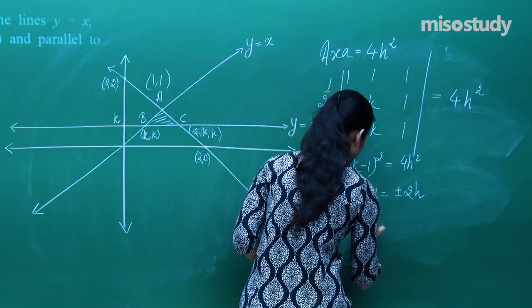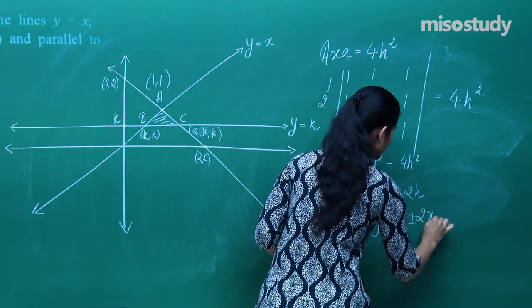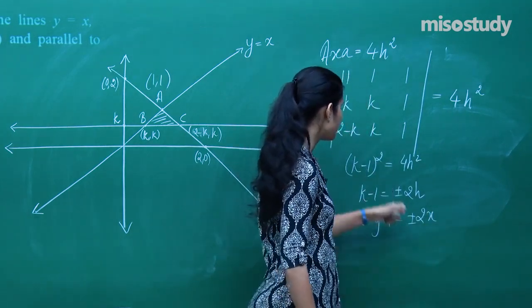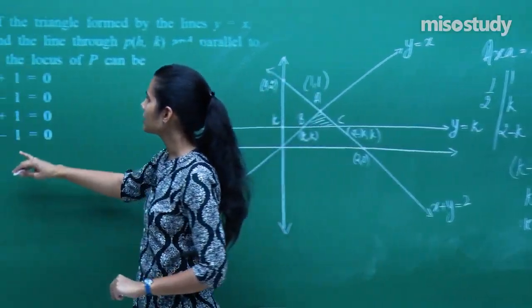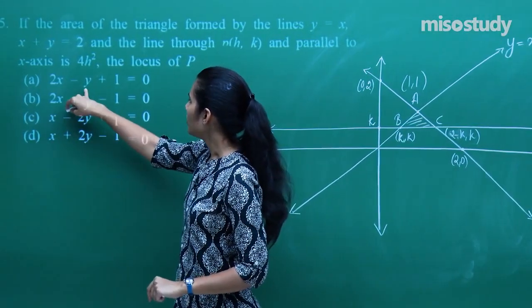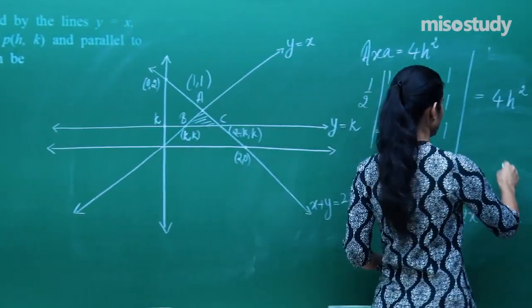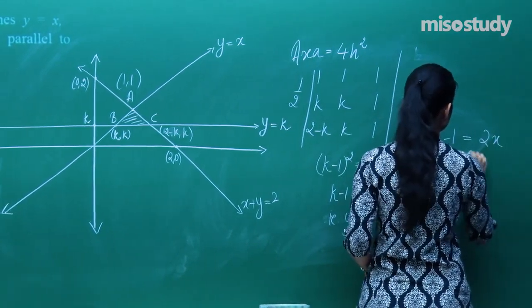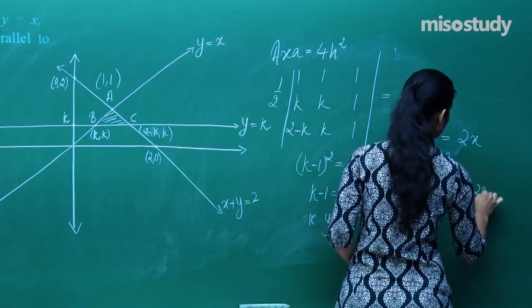That means y minus 1 equals plus minus 2x. So y minus 2x equals 1 and y plus 2x equals 1. You can also say this is y minus 1 equals 2x and y minus 1 equals minus 2x.